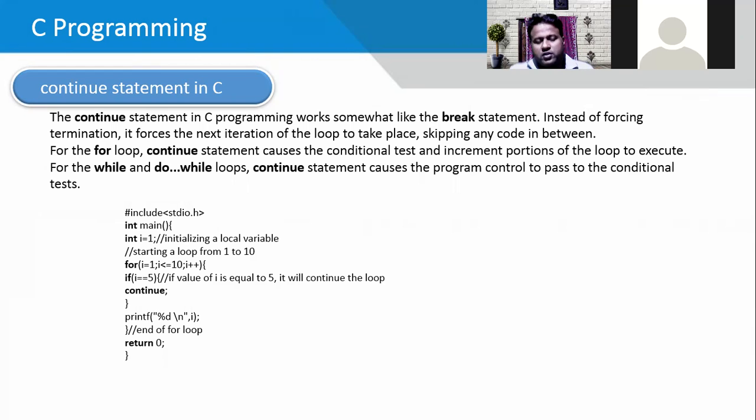The continue statement in C programming works somewhat like the break statement. Instead of forcing the termination, it forces the next iteration of the loop to take place, skipping any code in between. In a for loop, the continue statement causes the condition to be checked, and it will skip that particular element.